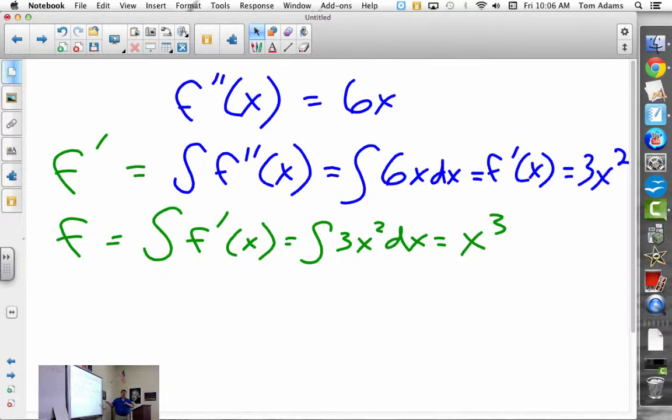And we'll get to that. Yes? So the part that I don't get is why you put the dx in the back of it. Well, we're remembering that it's a function of x and that this really represents a derivative with respect to x. Just like, remember before when we took the derivative of something, we could take the derivative with respect to t, we could take the derivative with respect to x.